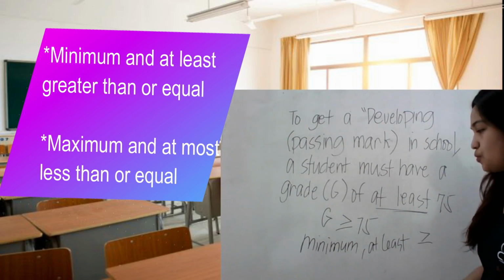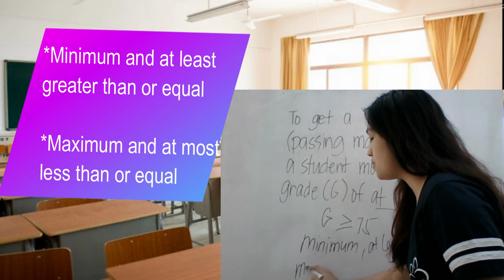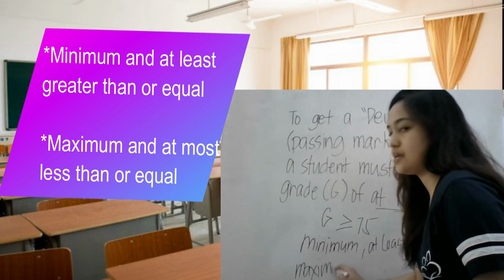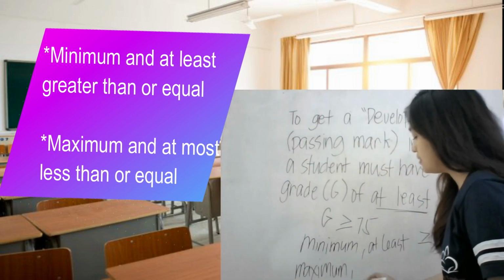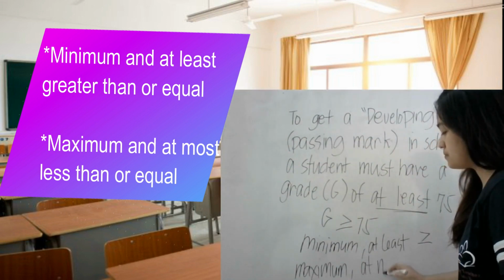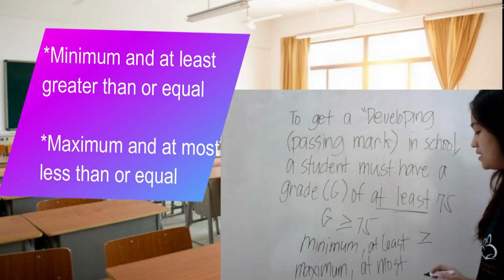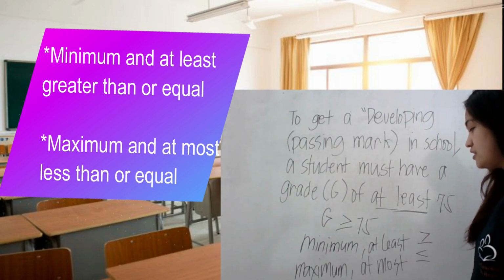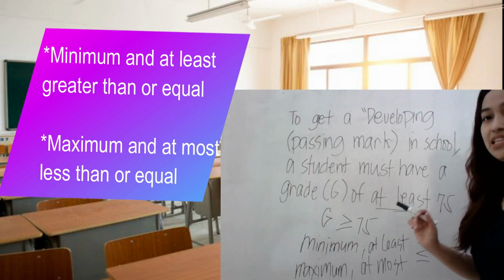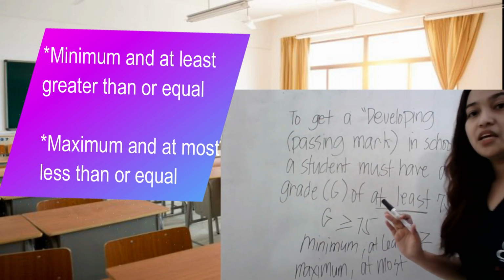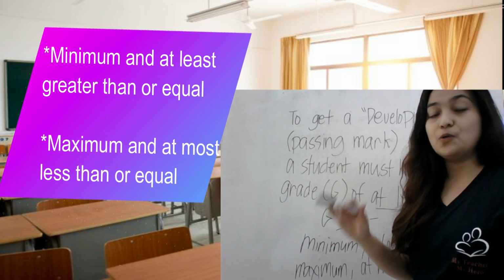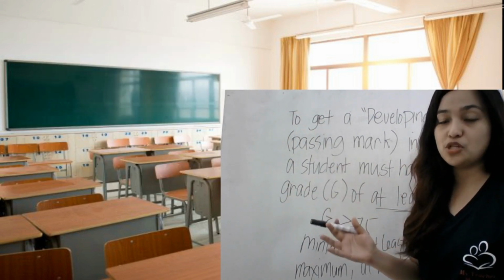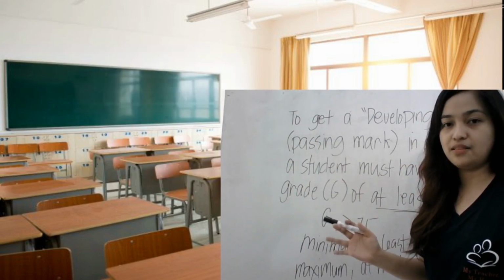So what if siya ay maximum katulad ng ating example kanina and at most? So ang kanyang magiging symbol ay less than or equal. Okay? Laging tatandaan, itong dalawang lang ang pagpipilian. Hindi po pwede yung ating greater than or yung less than, kasi pwede nga po siya mag-equal sa mismong given. Okay?